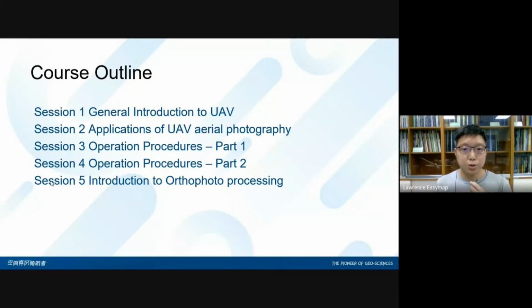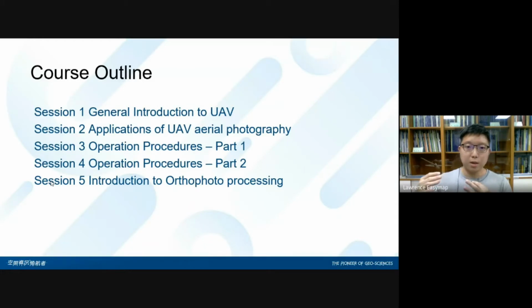In section 2, I will talk about the applications of UAV aerial photography. It can be very fun, and on the other hand, it can be a very professional area. So what are the applications? I will show you in section 2. Both section 3 and section 4 talk about the operation procedures.